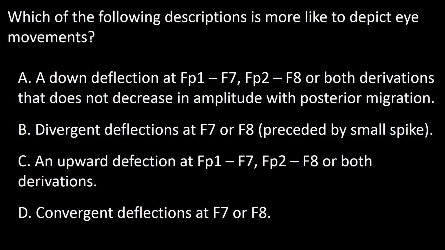B. Divergent deflections at F7 or F8, preceded by a small spike. C. An upward deflection at FP1-F7, FP2-F8, or both derivations. D. Convergent deflections at F7 or F8.